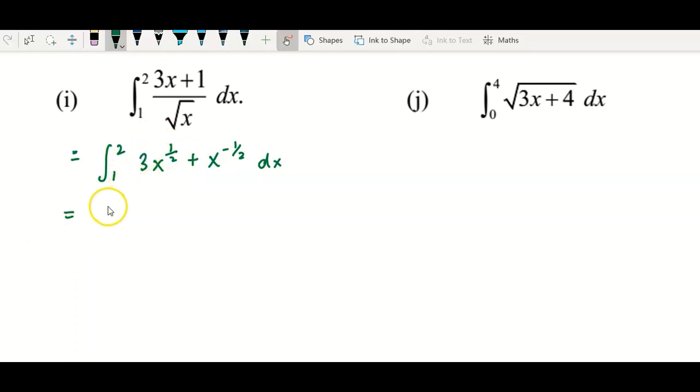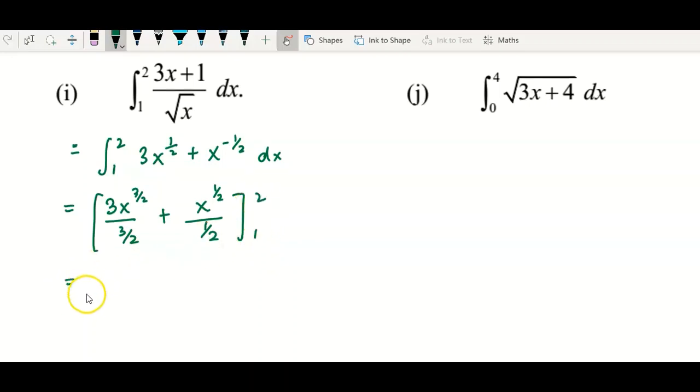So I integrate separately, term by term, meaning that the power of 1 over 2, I increase by 1, I have 3 over 2 divided by 3 over 2, plus, to integrate the x power of negative 1 over 2, increase the power by 1, you have negative 1 over 2 plus 1, you have 1 over 2, the power, and divided by 1 over 2. Integrate from 1 to 2.